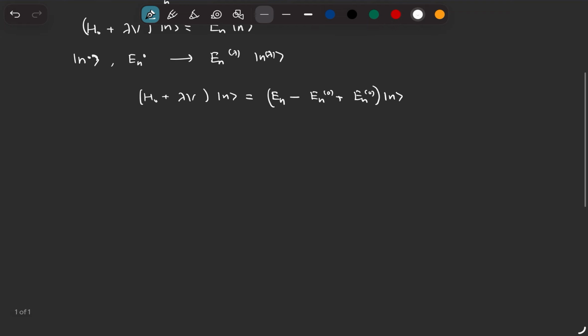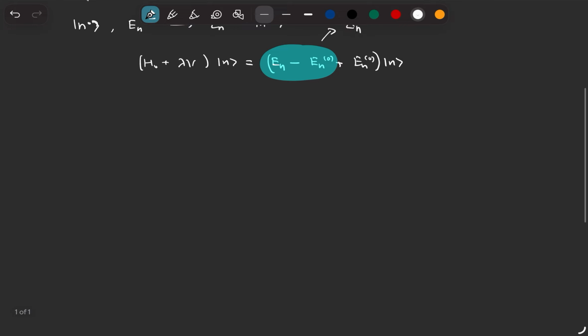We define this quantity right out here as delta n. So then H0 plus lambda V acting on |n> is delta n plus En0 times |n>.